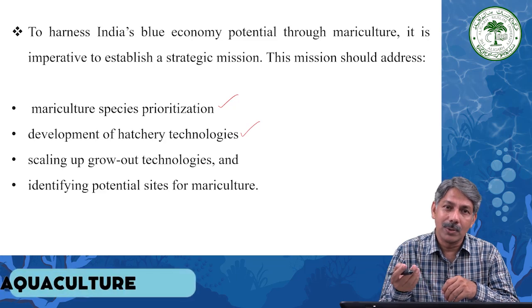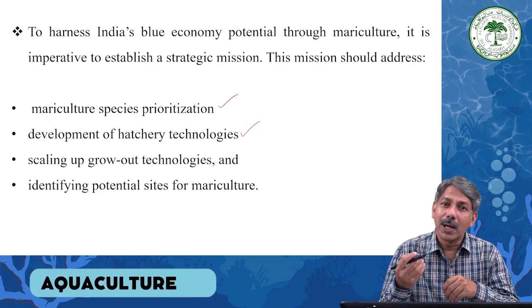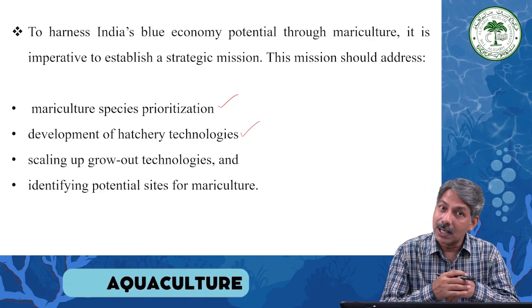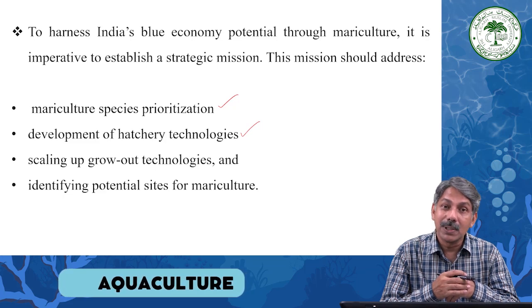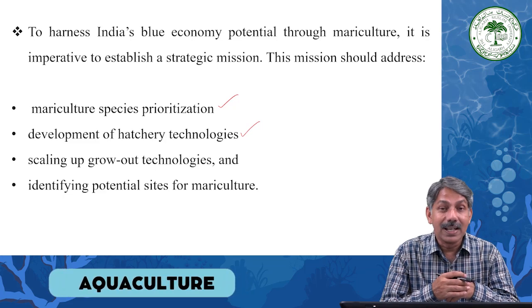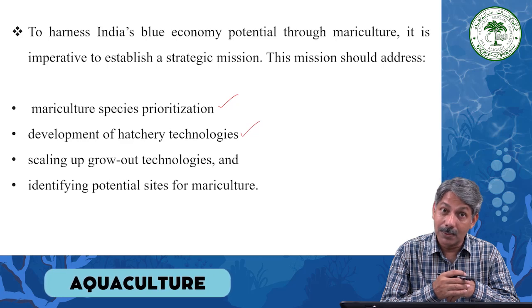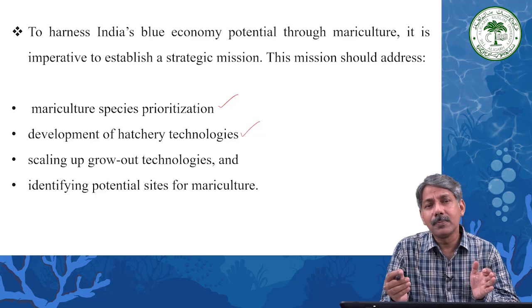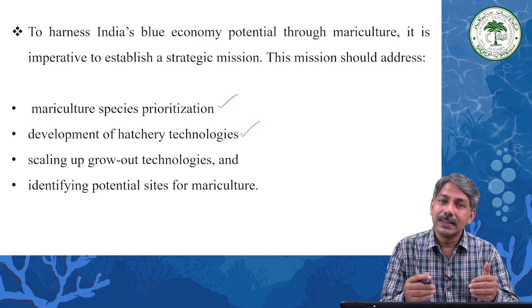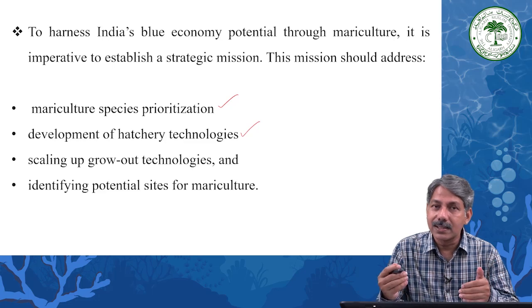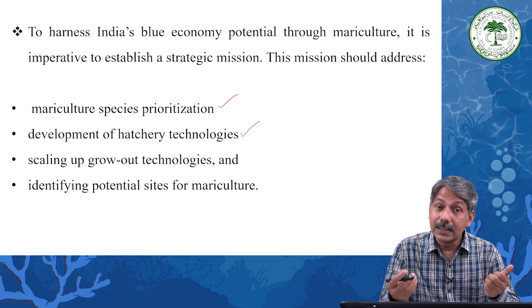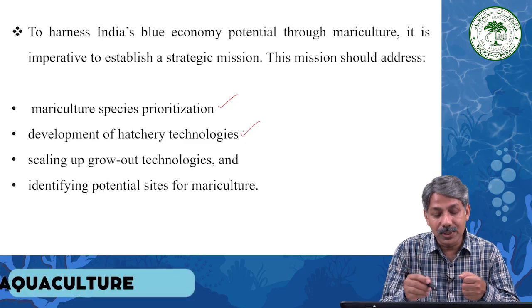Our researchers and our government did an excellent thing by popularizing the induced breeding program of Indian major carps in such a way that many farmers who are not very literate also carry out induced breeding and get good production. Or at least there should be some centers from where the seeds can be obtained, so that to start their aquaculture, they get the young ones very easily. That kind of support is needed here.